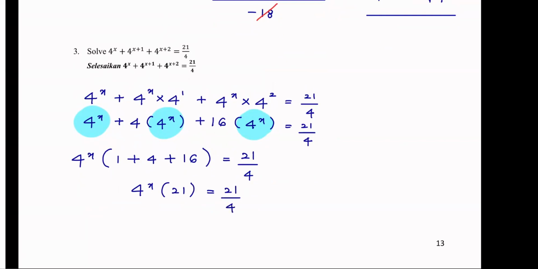Kan? So this 21 bawa sebelah sana is going to be divide. So 21/4 divided by 21, you get 1/4. Okay, kelas. Ini kuasa berapa ni? Kuasa 1 kan? Nampak dia kuasa 1 kan? So kuasa 1 kan? Bawa dia naik atas. Ni kuasa 1, bawa dia naik atas.